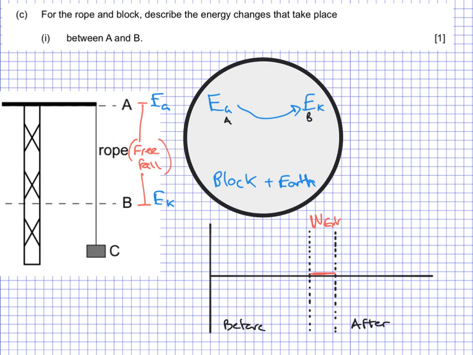So before the interaction, all I had was energy in the form of gravity, and I can make up that value. Let's just say it's this much of a bar chart. And then after the interaction, let's go through and think about the other possible energies.